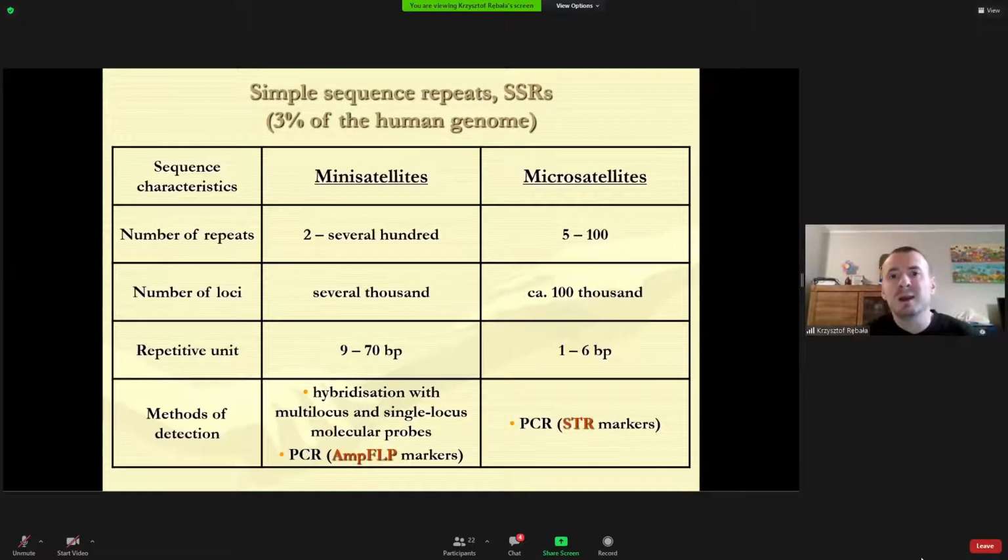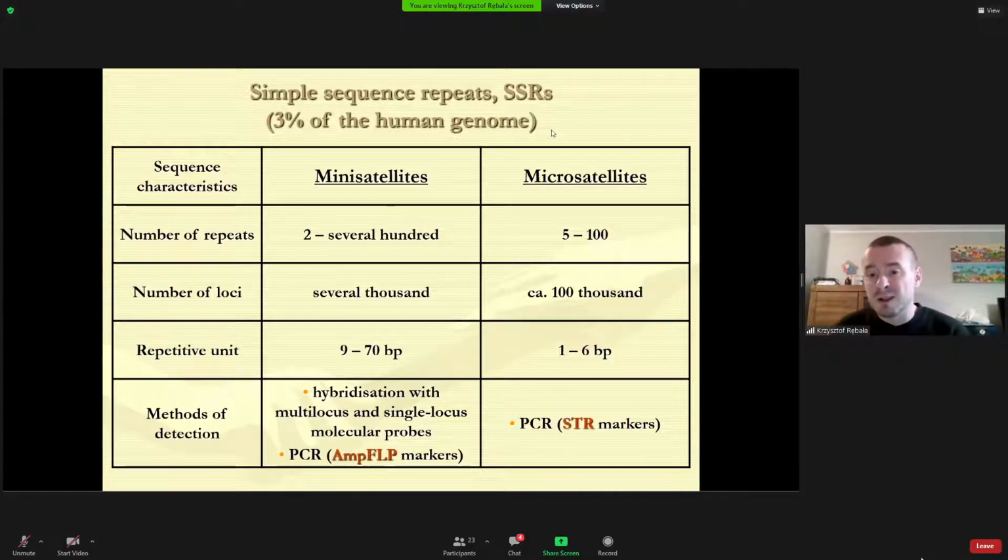And of course you remember that the short tandem repeats, which are commonly used in forensic genetics, are markers which show length polymorphisms and are divided into minisatellites and microsatellites.